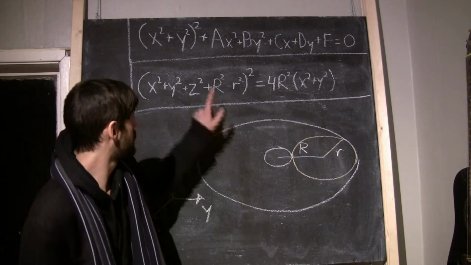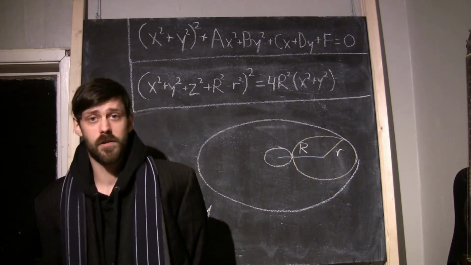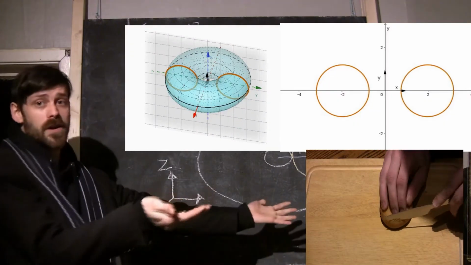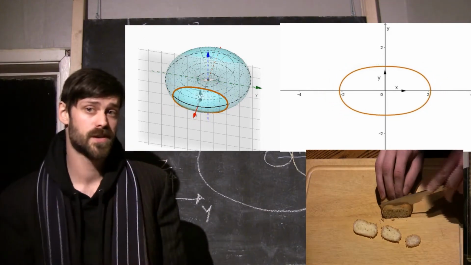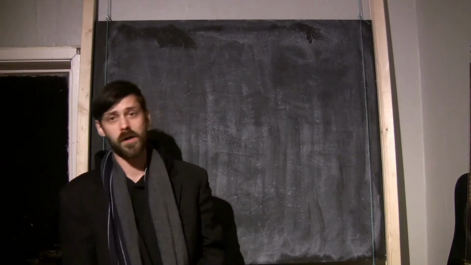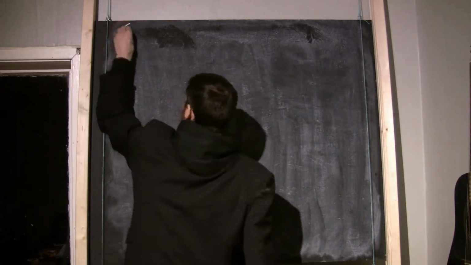and we will now use this equation to derive the equation for the first class of toric sections we will investigate, namely the spiric sections, where you can see that the plane of intersection is parallel to the axis of rotation. So I'll swap around the board and we will start off with the equation for a torus.